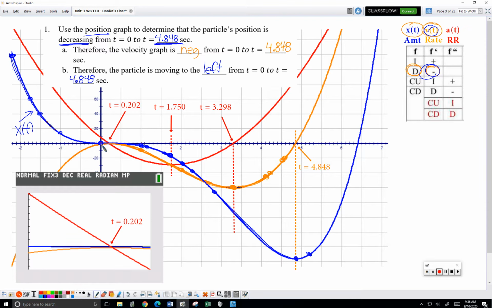Every single y-coordinate on the velocity graph is negative. All of these y-coordinates of the velocity graph are negative. They correspond perfectly to the blue graph's behavior. That's what the chart summarizes. Is that what you meant? Yeah, that's perfect. 2 more.